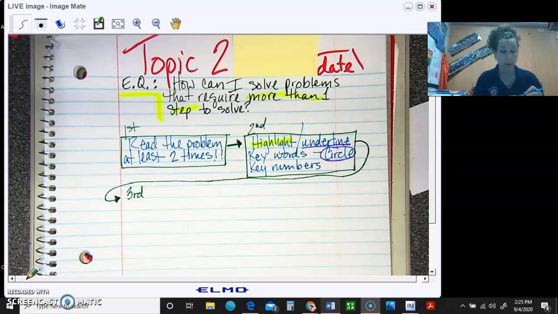And our third step is to ask yourself, what's the problem asking me to find? Sometimes it can be really, really long problem, lots of words, lots of backstory even, but you got to boil it down. You got to say, okay, what's the end question here? What am I supposed to try and figure out as the end result? Okay?